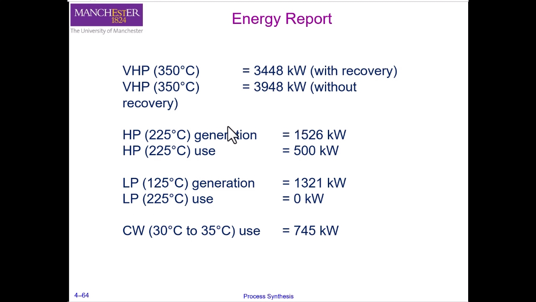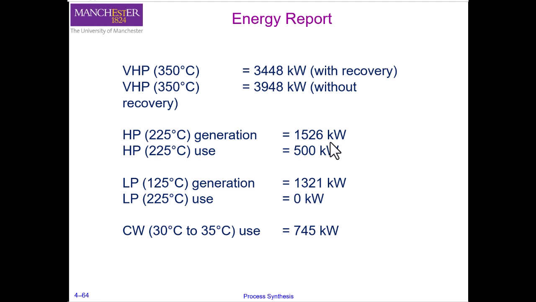We can also show our HP generation and LP generation and use. So for our HP generation, we are producing 1502 kilowatt, and we have an HP use of 500 kilowatts.